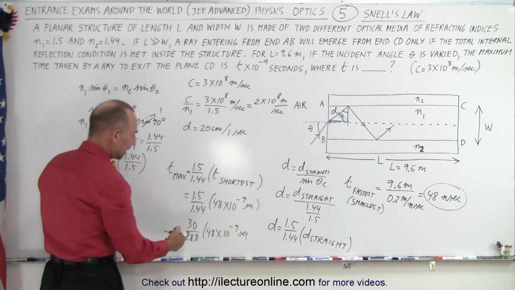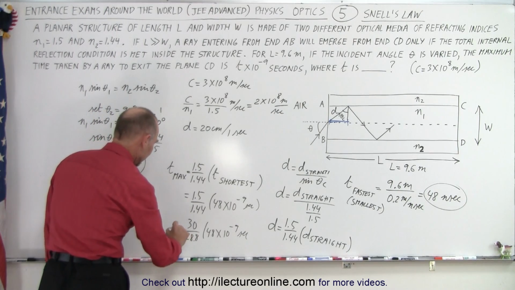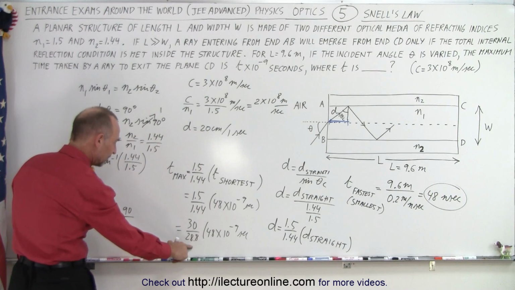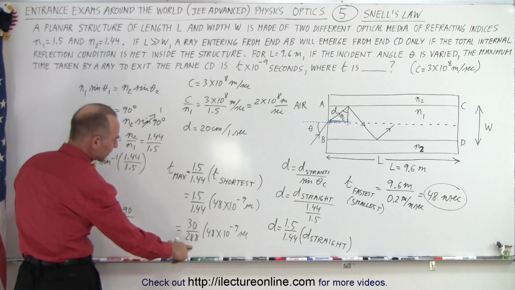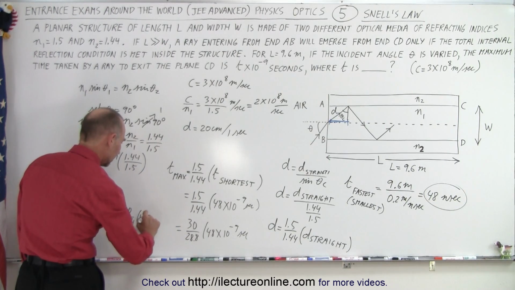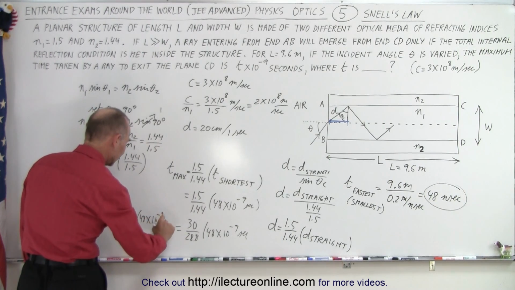If I now multiply that by 3, I get 90 divided by, let's see here, 1.2, 3.6, that would be 86.4, times 48 times 10 to the minus 9 seconds.